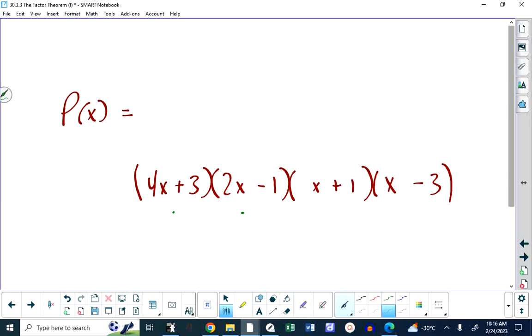But you should be able to take out every x minus a to be left with a quadratic. This is fair game. That's fair game. That's not. Right? So at most, two of these non-x minus a factors.